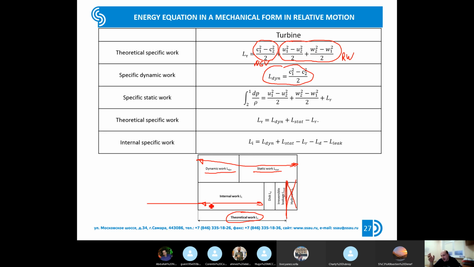We explained why the pressure ratio of the centrifugal compressor is more than the pressure ratio of the axial compressor, and we discussed a lot of other important conclusions. Do you have any questions dealing with the energy equation in mechanical form and relative motion?